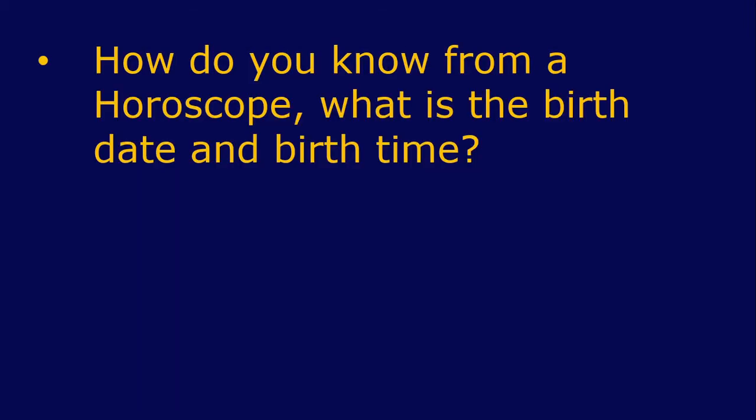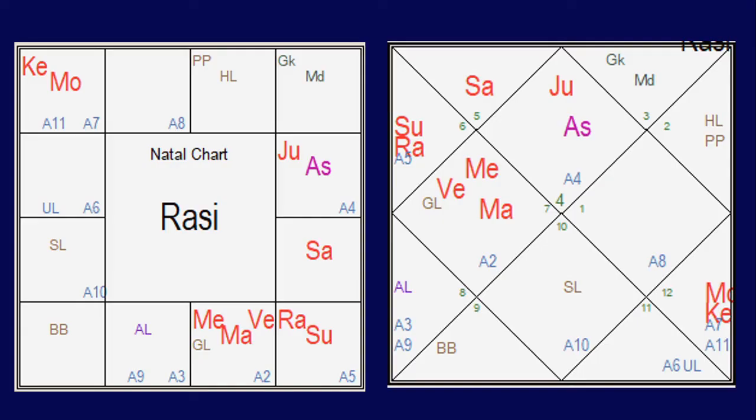Now, how do you know from a horoscope the birth date and birth time? See, the rising sign here is Cancer, and the rising degree is 26 degrees something here.